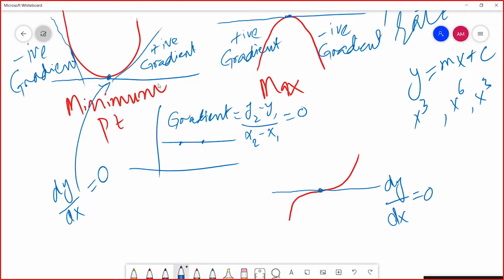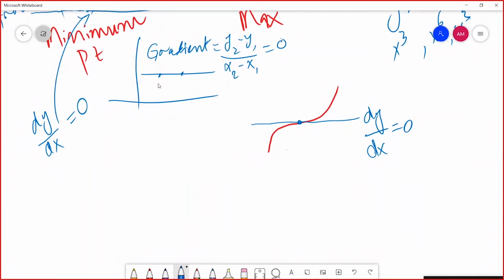It is again 0, because it's horizontal. Anywhere you have a line, you have seen three things. If the gradient is like this, I just move it like this, the gradient is positive.